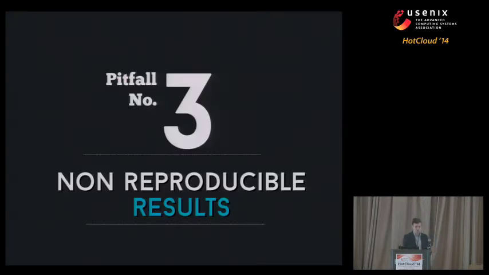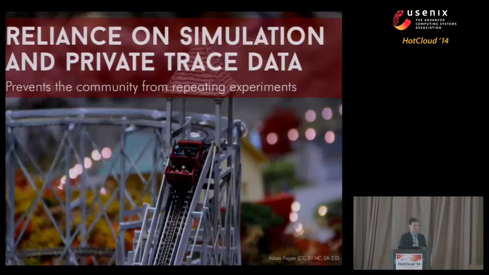So number 3, going through them quite quickly, is non-reproducible results. This is something which is endemic in a lot of research: relying on simulations which are untested or unproven, that we don't necessarily know turn out real, verified results, and reliance on trace data or private data sets that come from unknown sources, or at least unknown to the community, possibly known to the author, and thus preventing the community at large from verifying the veracity of the claims made in the paper.